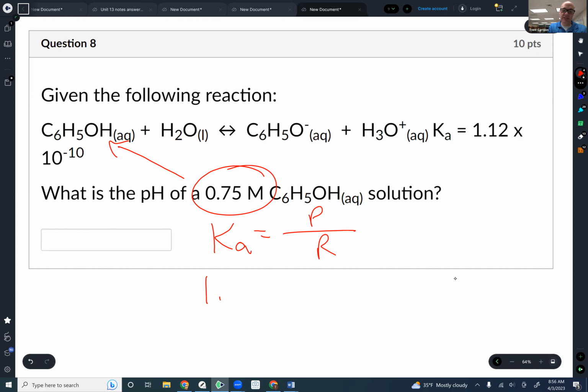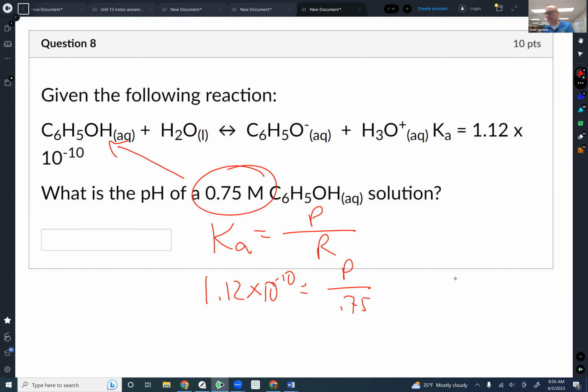What I do have is a Ka value, 1.12 times 10 to the negative 10, equals the products over the reactants of 0.75. So I could simplify this real quick. 1.12 times 10 to the negative 10 times 0.75 is equal to 8.4 times 10 to the negative 11. Now, what are my products?